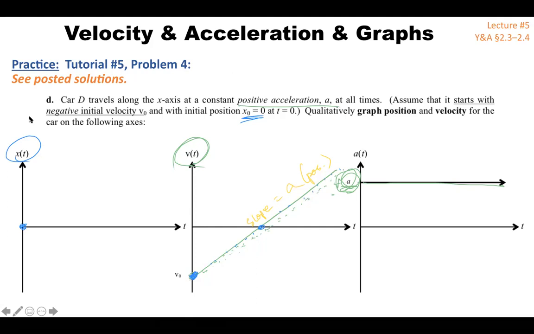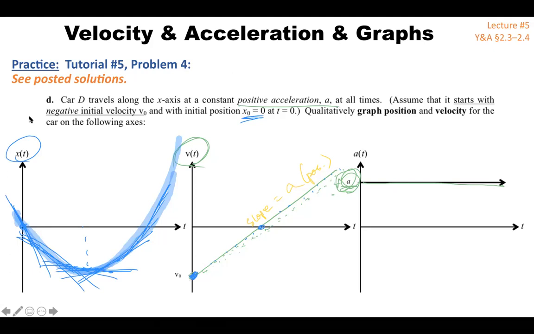So it starts out with a big negative value, and then it gradually approaches zero, and then becomes more positive over time. So I'm thinking about the slopes here, right? So the slope starts out with a big negative value, and then it approaches zero, and then it becomes more positive over time. So if I use a nice thick pen for that, then I'm looking at something like that.